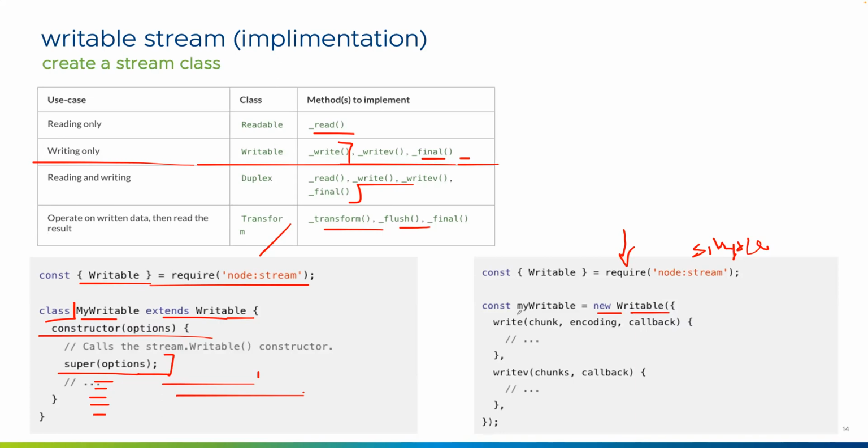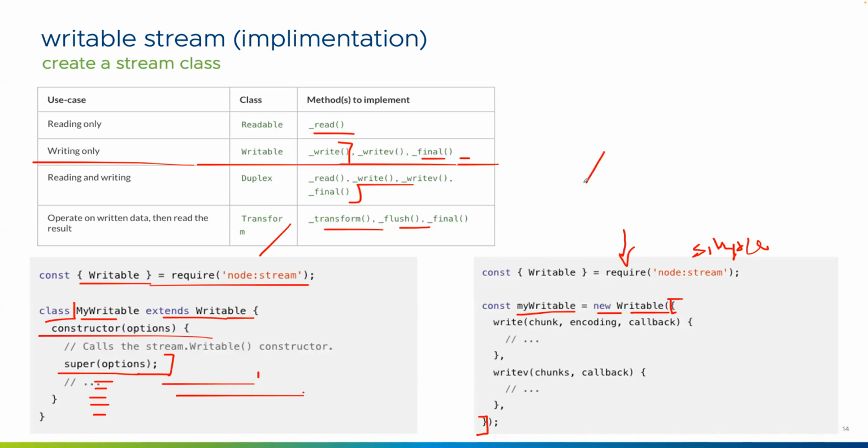For example, in this case, it's myWritable, new Writable, and here's the option. Not option, it's the object. Within the object, there are a lot of properties, and also some methods you have to give. So that's the second way to define the subclass.